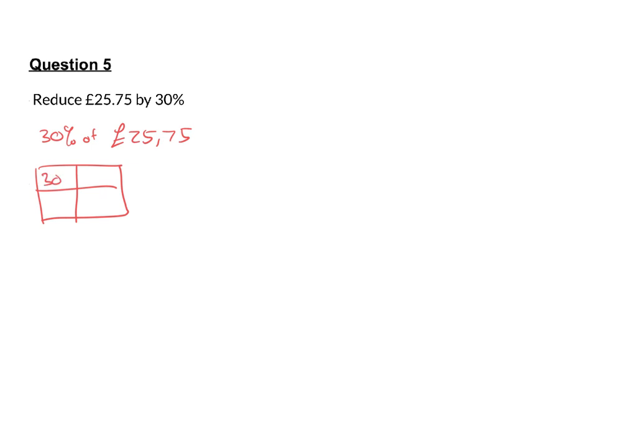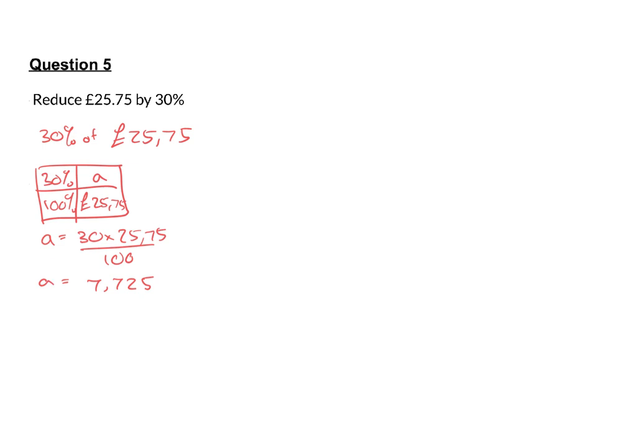So here's my little grid. I want 30%, I'm going to call that A. I've got 100%, which is my 2575. A then is equal to, multiply the diagonals, 30 by 2575, divided by 100, and that gives me an answer of 772.5. But that's not my final result because I want to take that away.